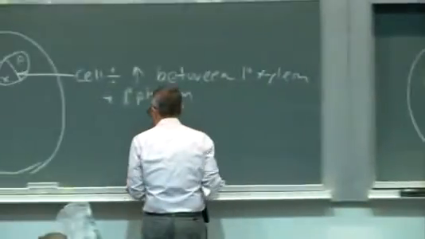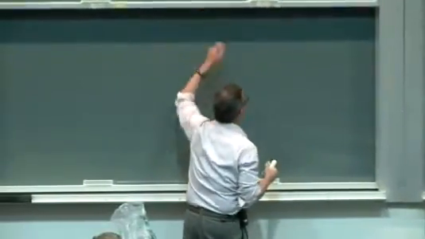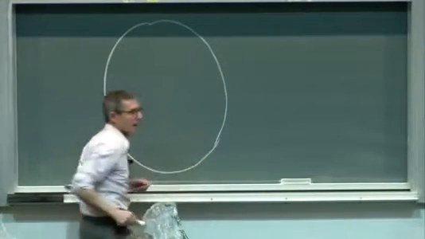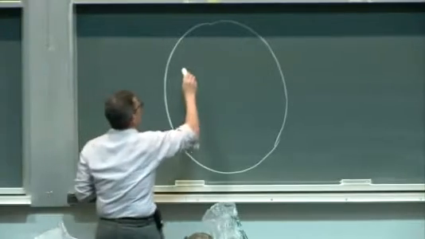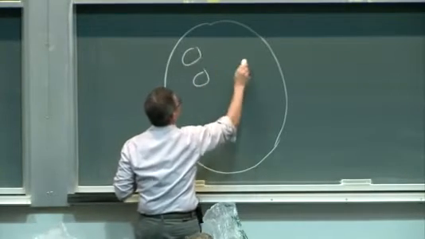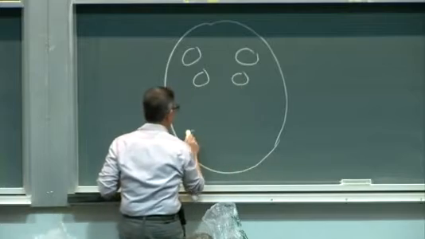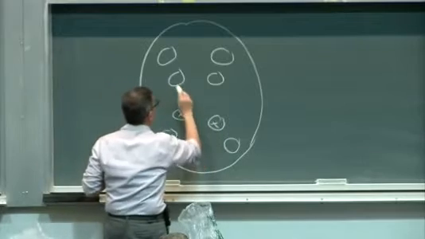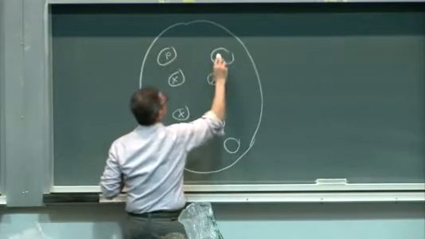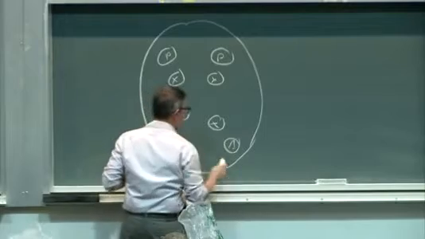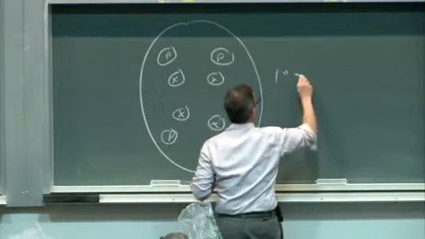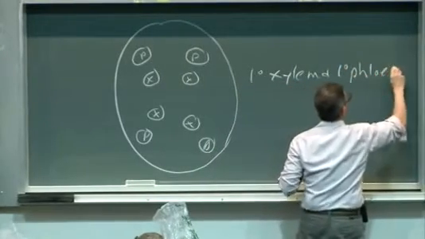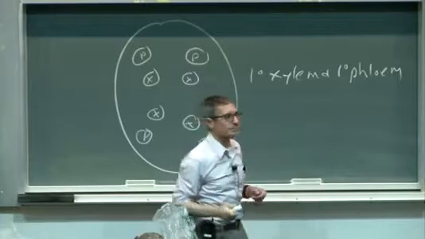Now, if we wait for some more time, what we notice is the following. Quite remarkable. Here's our cross-section of our eudicot stem again. And now what we find is that the primary xylem and the primary phloem, here would be the xylem, and here would be the phloem, the primary xylem and primary phloem are beginning to separate from each other.